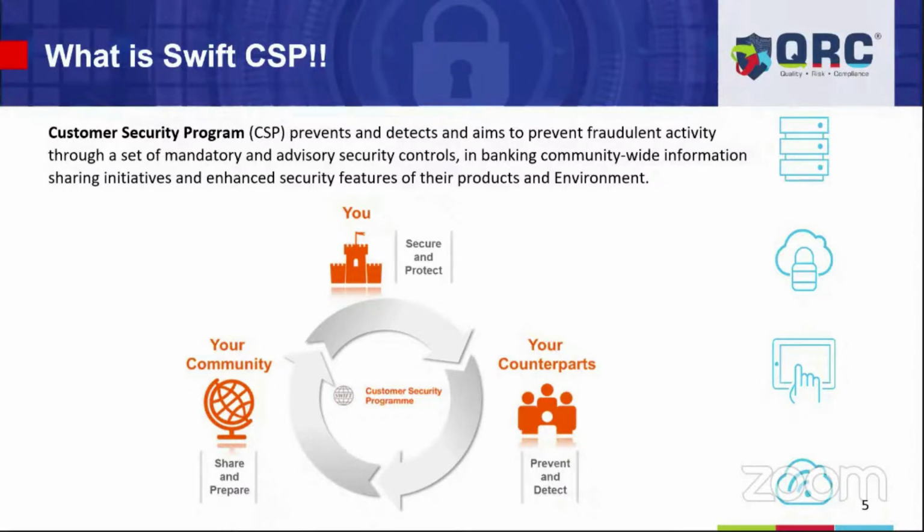One is myself: as an organization and user community member, I'm supposed to be secure, and I can also help my counterparts prevent malicious attacks. And the overall community has to be protected by sharing knowledge from time to time. So this is how the program is divided.